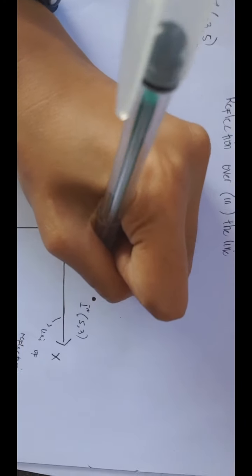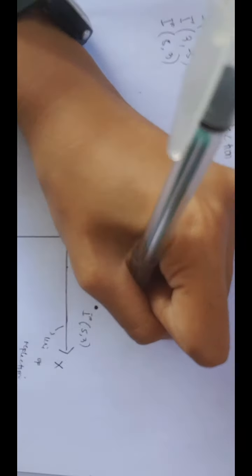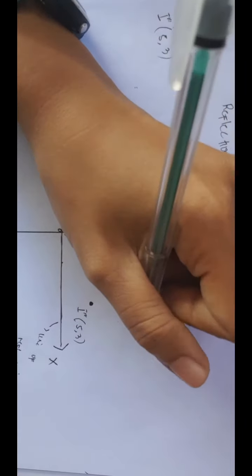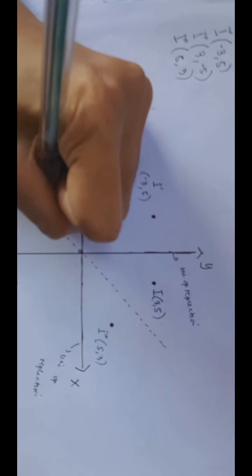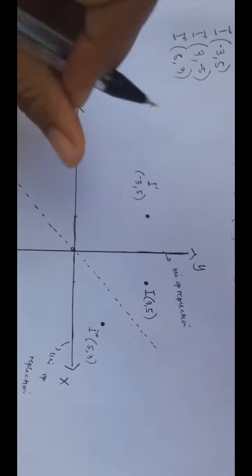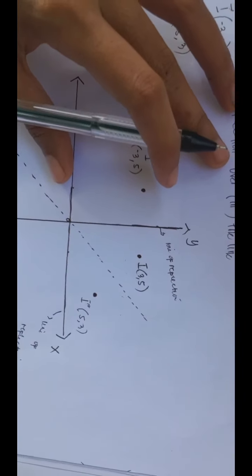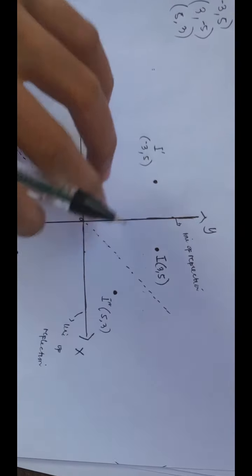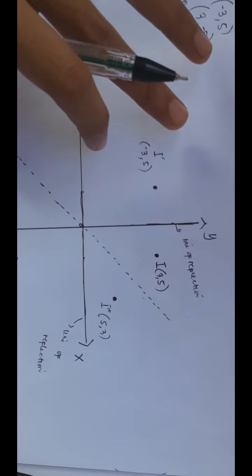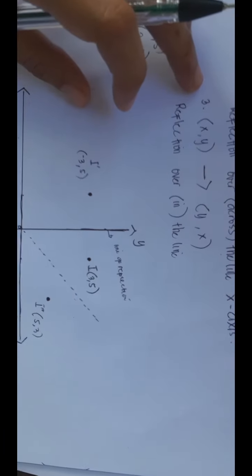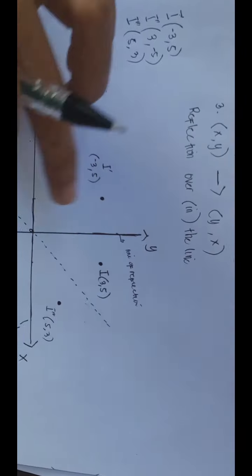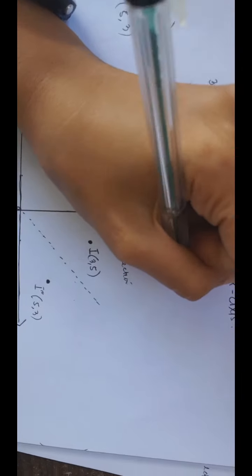It is a diagonal line where the slope is 1 and the y-intercept is equal to 0. Therefore, rule number 3 is reflection over or in the line y equals x.